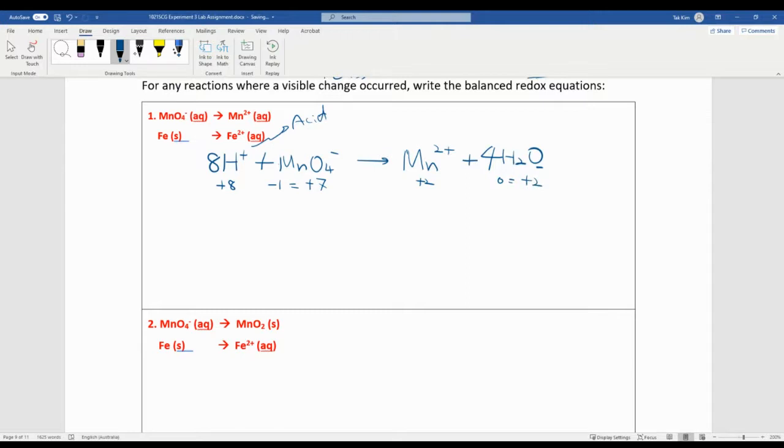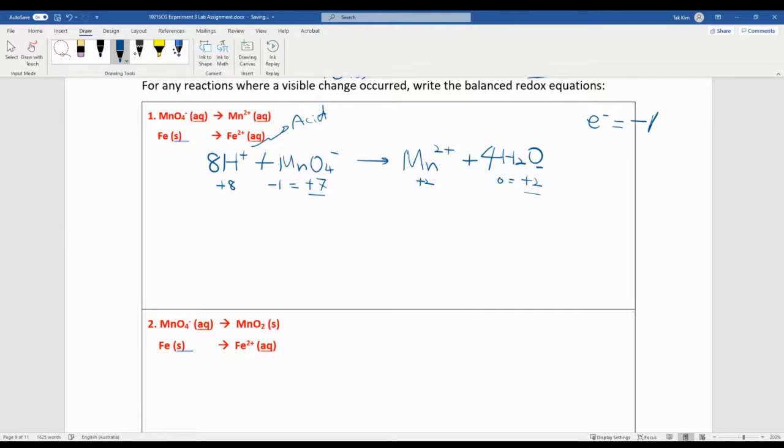Right, so now we need to make these numbers equal using electrons. Electrons should be like that. Right, so electrons charge is always -1. Because of that, you can reduce the amount of charge, but you cannot increase the amount of charge. So you need to add electron where the charge is greater.